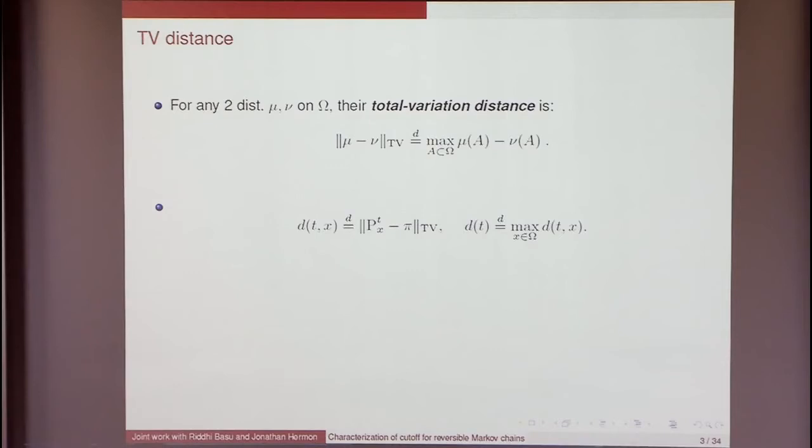And as usual, we'll measure distance to stationarity in total variation distance. So the maximum of the difference in probabilities between two measures. And d of t is the maximum total variation distance at time t.